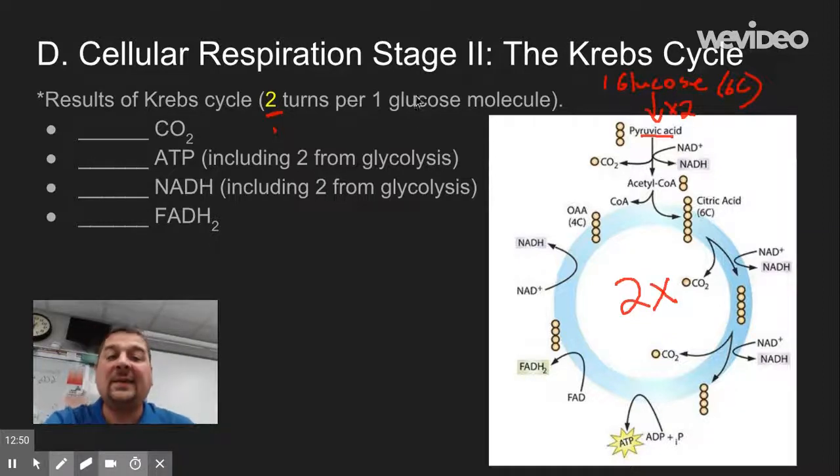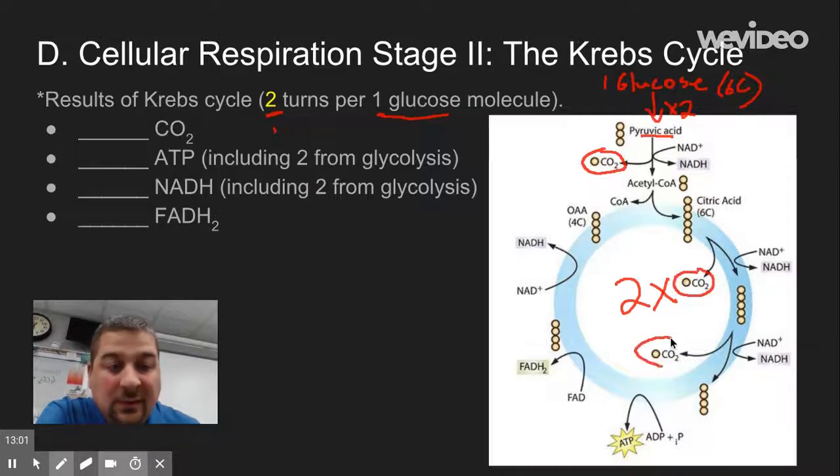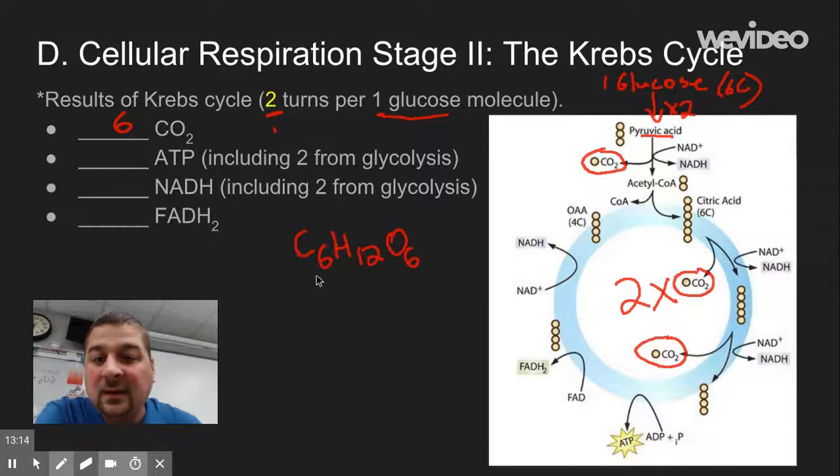So looking at that, how many carbon dioxides are we going to get out of one glucose molecule? Well, let's circle them. Here's 1, 2, 3. But remember, this happens twice. So 3 times 2, we're going to get 6 carbons, which makes sense because glucose is C6H12O6. Right there, 6 carbons. Those 6 carbons become the 6 carbon dioxides that are released.